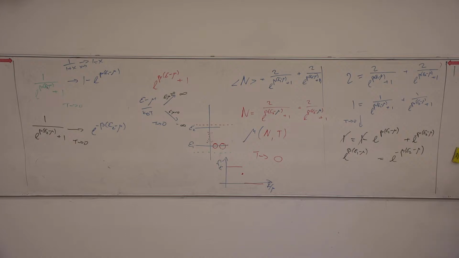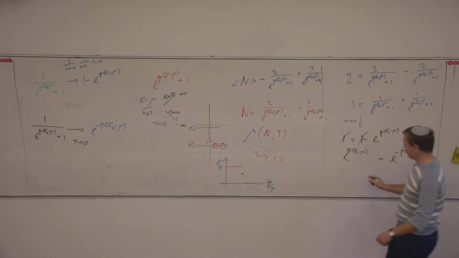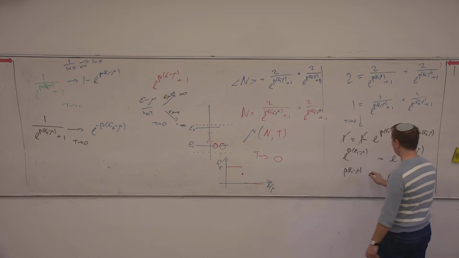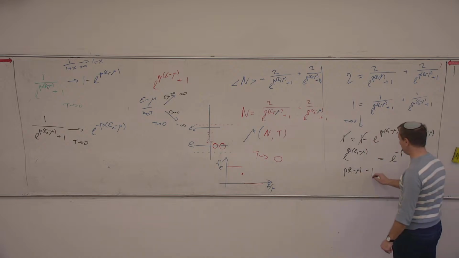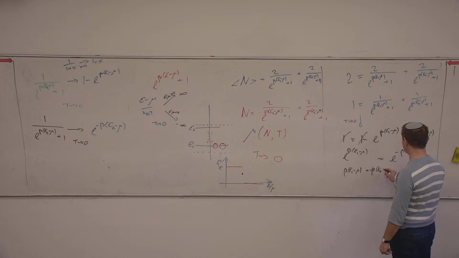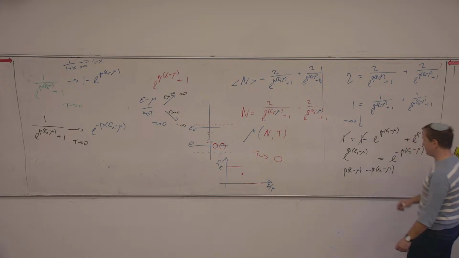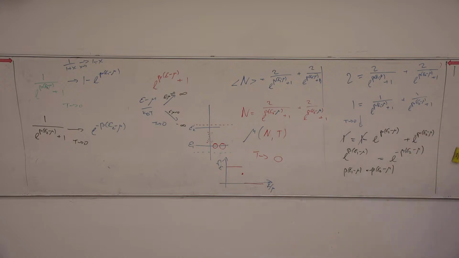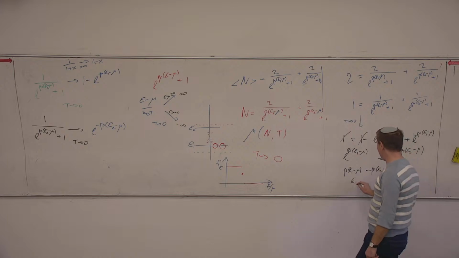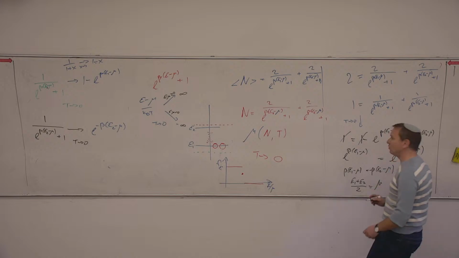Okay, let's take the log of both parts. So therefore, beta epsilon 1 minus mu equals minus beta epsilon 2 minus mu. Beta and beta cancel out, right? So we have epsilon 1 plus epsilon 2 divided by 2 equals mu.